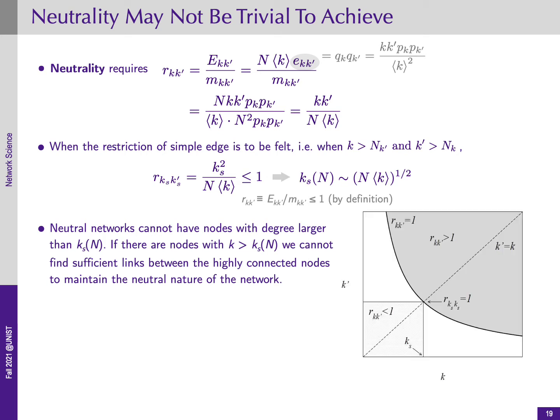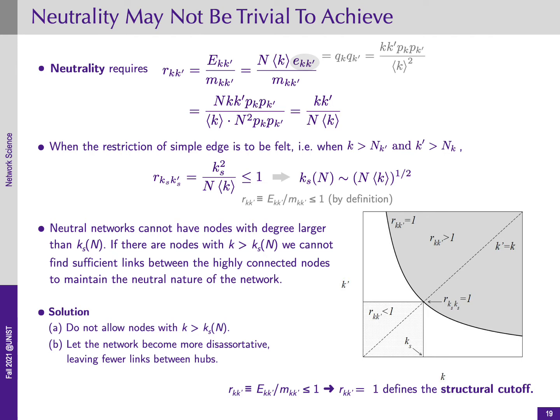So in this plot, there is a region shaded by dark gray where r_kk' is bigger than 1, which is prohibited by construction. Okay, so in this sense, this hyperbola r_kk' equal to 1 defines the structural cutoff. So simply put, a node in this network cannot have this fraction of connections.